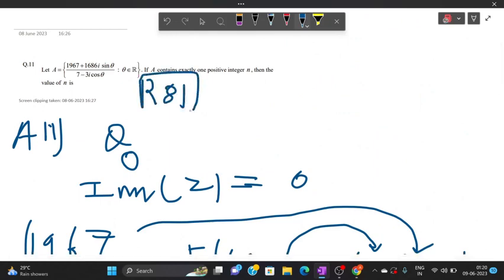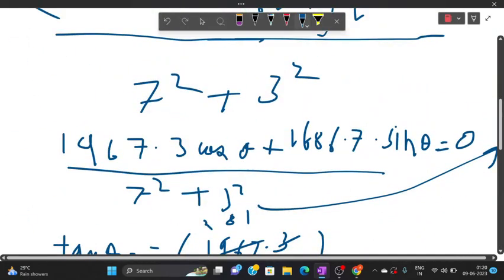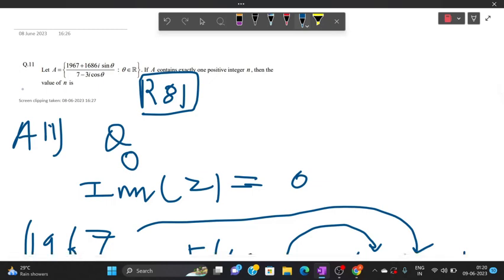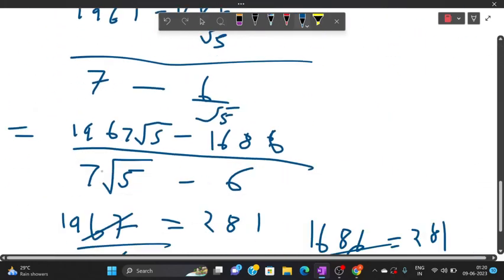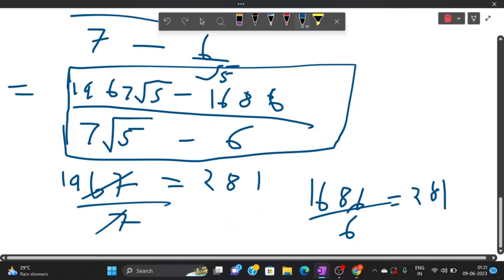Now how was this problem? For me this was a tough problem, I would say. Not conceptual wise, but the magnitude of these numbers, how magnanimous they are, 1967, 1686. Even if you condense it down till here, it is not necessary that you will find the final answer if you are not able to observe that if this is an integer, then these two ratios should be equal.